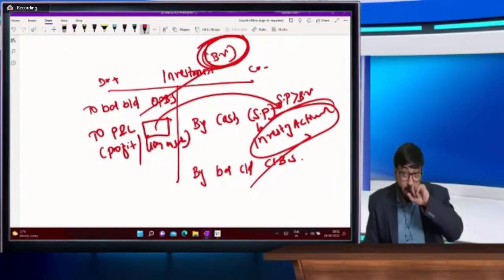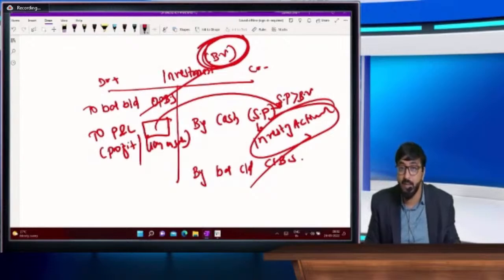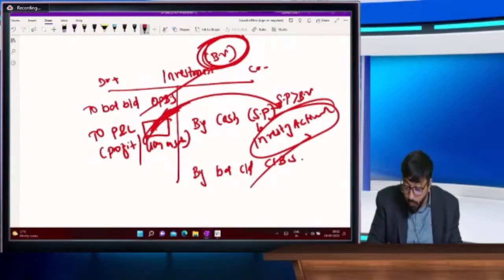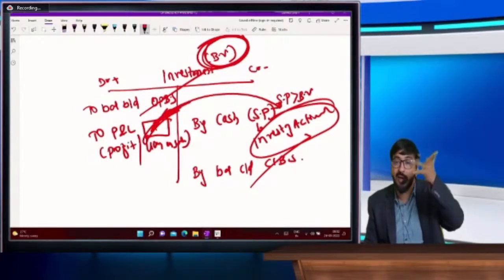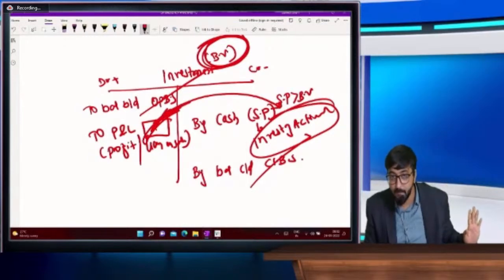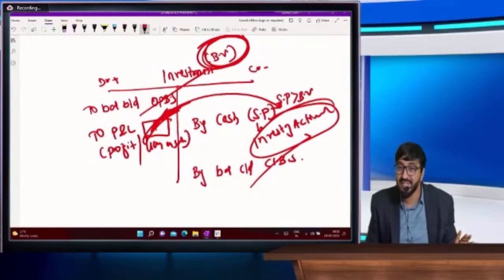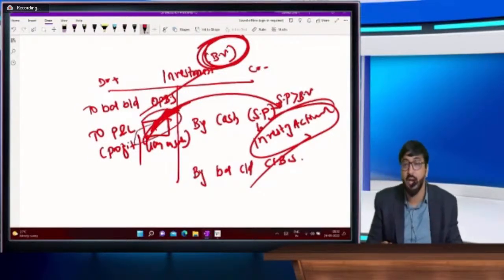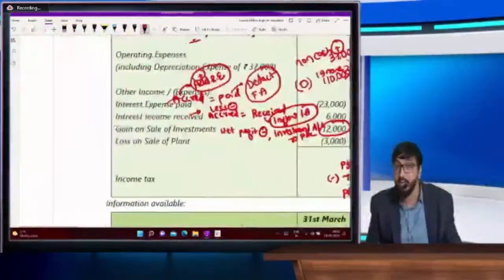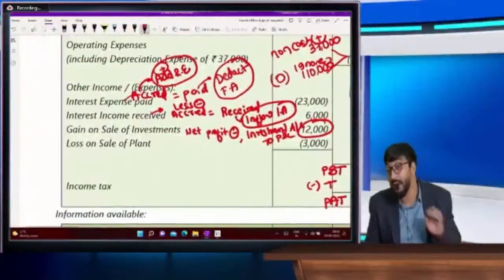But you want to eliminate that profit, and for profit elimination I have to record to P&L, otherwise I won't get the selling price. This is the logic, and this is an investing activity. That's why I want to eliminate it, and for elimination I will write P&L, and to get the cash selling price I will open investment account.